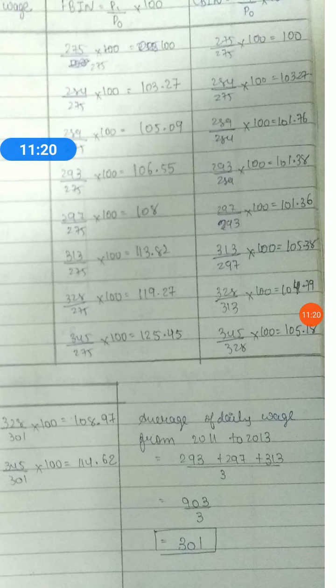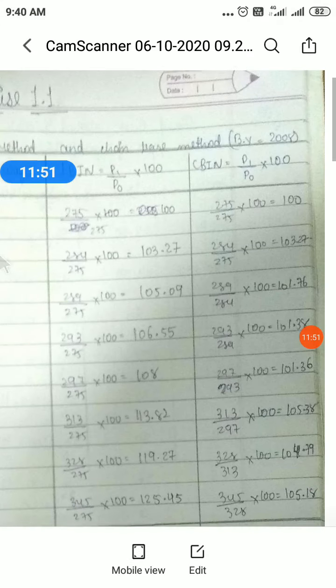So in the third point we find the average for the year 2011 to 2013. Daily wage of 2011 you can see 293. For the year 2012 297 and 2013 313. There are 3 years given, so upon 3, you will get the average 301. We will write the 301 in the denominator and we get our answer. Okay girls, understand?